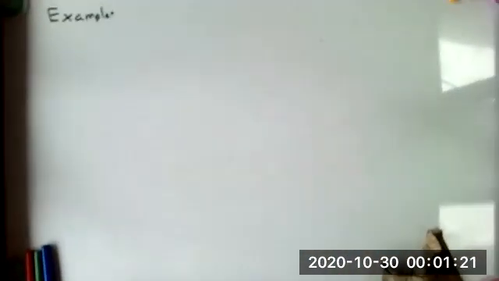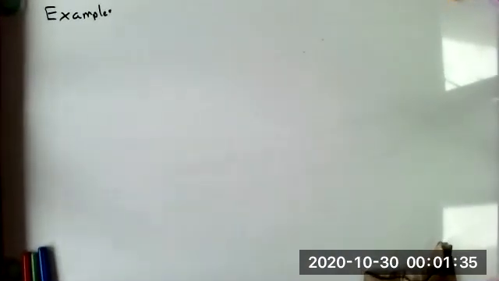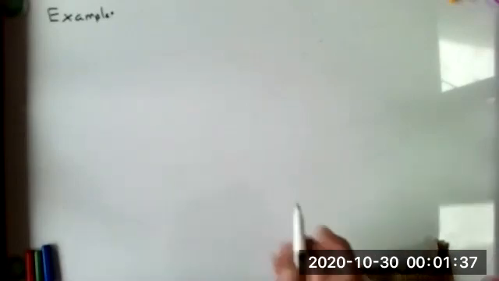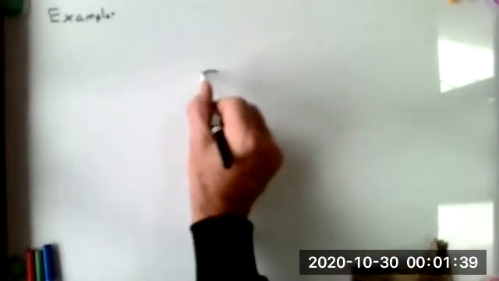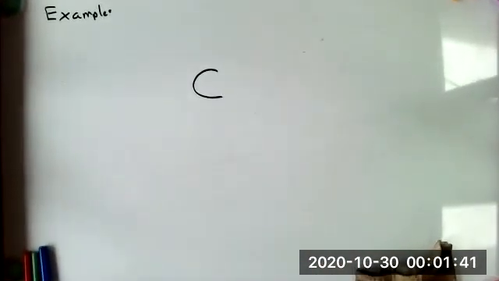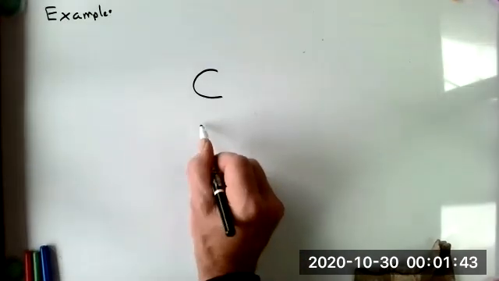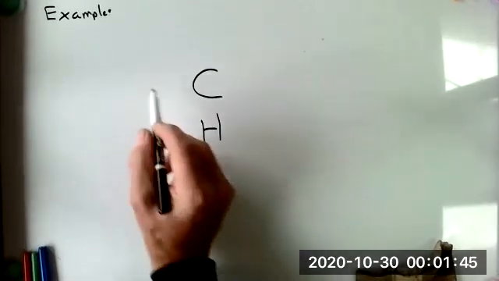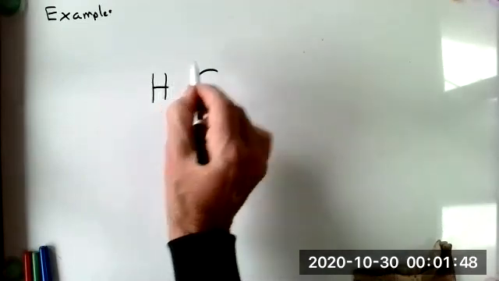If you have gas feeding into your house, like natural gas, or if we were in my chemistry room, we have those gas lines throughout the room. That gas that we use is methane gas. And methane gas is composed of 1 carbon surrounded by 4 hydrogens.